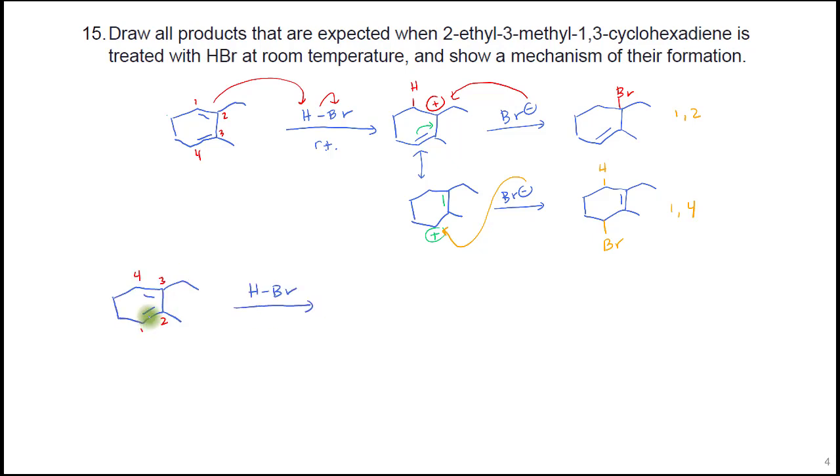So we get a proton transfer here. And this bromine can attack the electrophile.